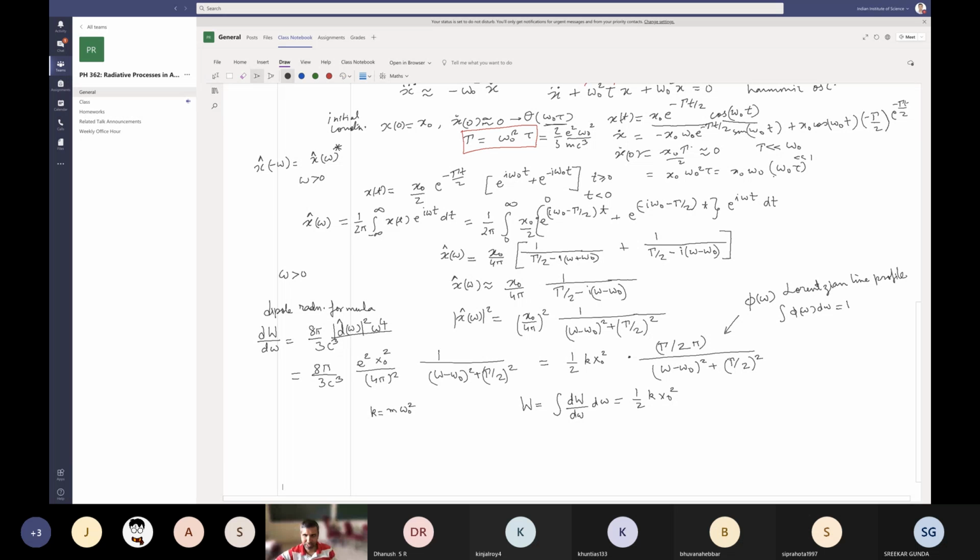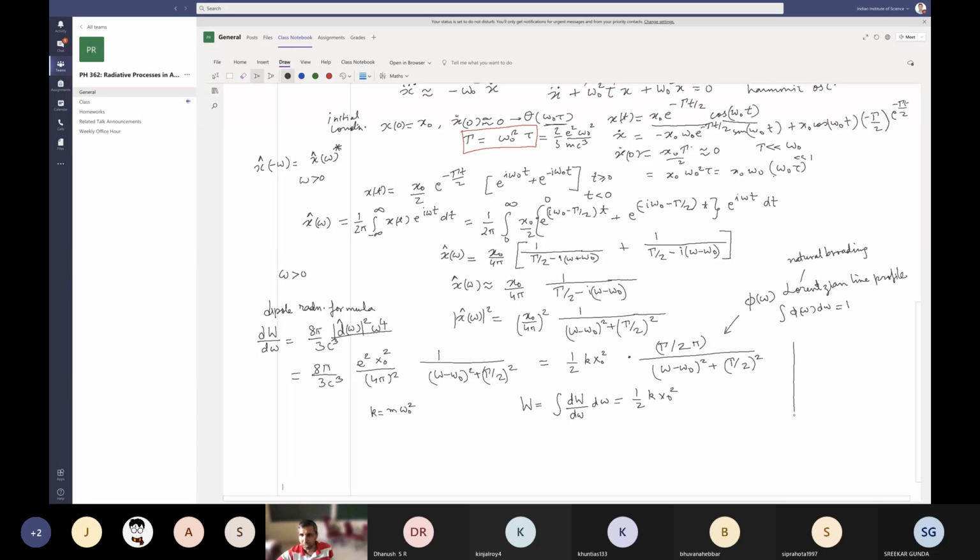Okay, so this is the Lorentzian profile of a line. This is also called natural broadening of a line, and this is the unavoidable minimum broadening of a spectral line, right?